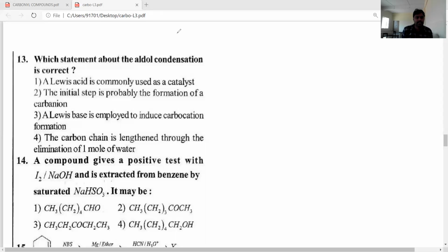Aldol condensation takes place in the presence of base medium, upon heating. It forms a carbanion intermediate.